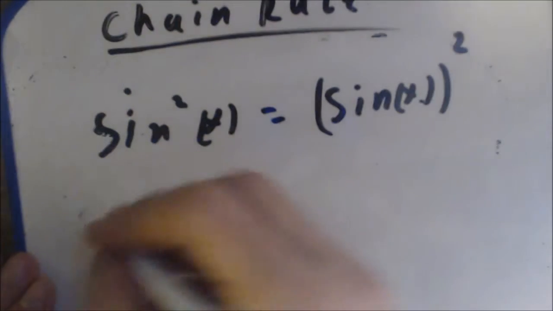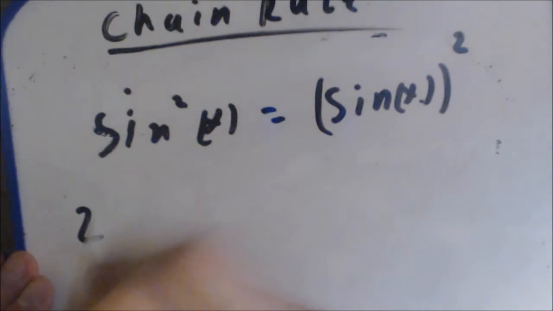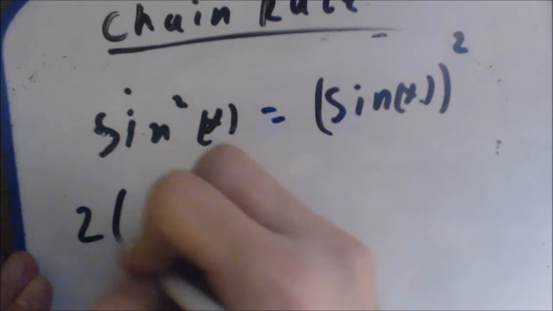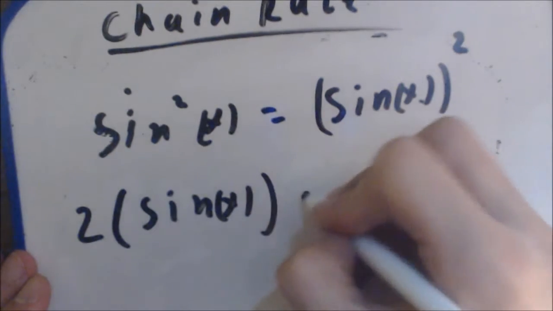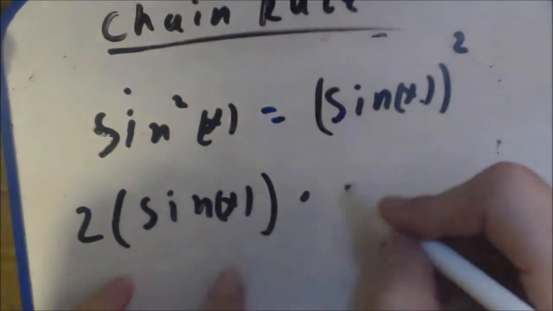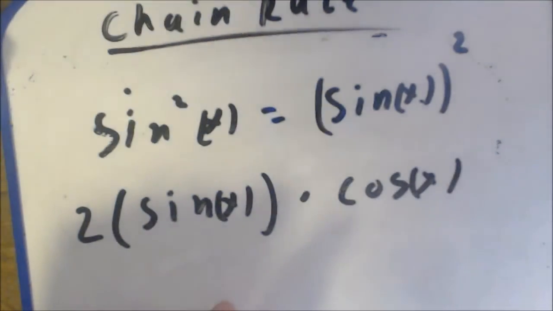So this is going to be equal to 2 times the inside, sine of x, times the derivative of what's on the inside, which would be cosine x.